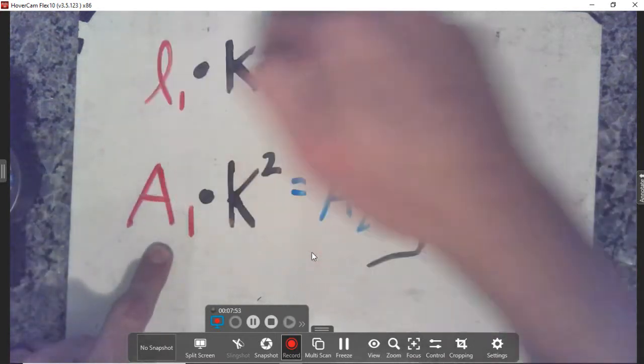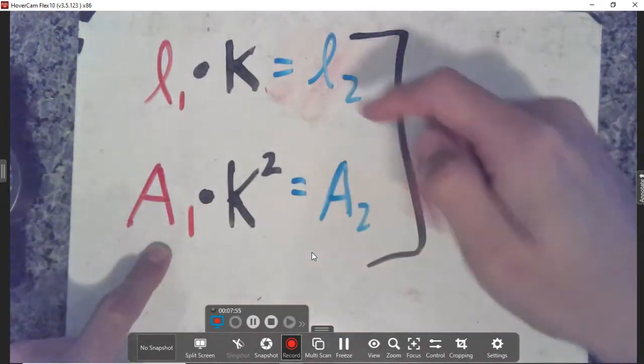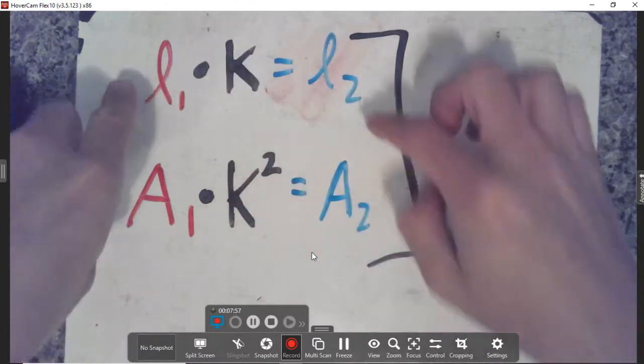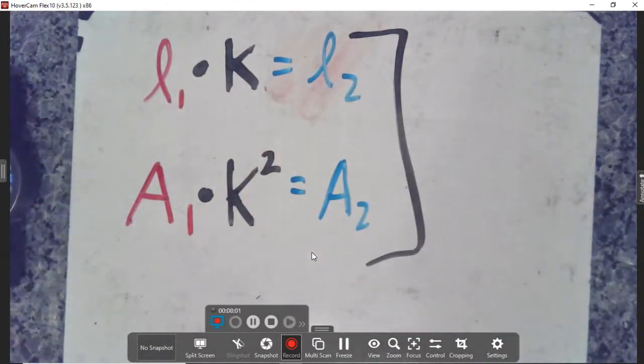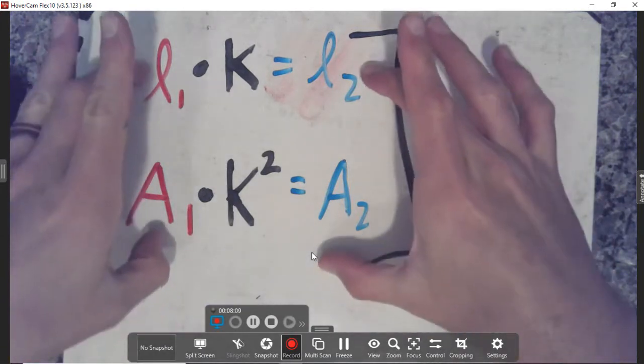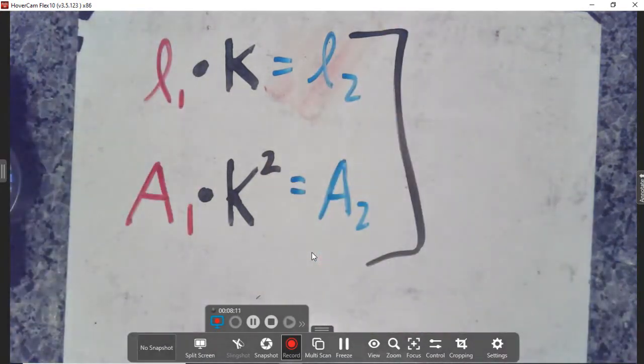So if you have 3 out of these 4, and a scale factor, you can find that last one that you're missing. Or better yet, you could find the scale factor if you had all 4 of these. So if you have enough working parts to solve the equation, that's where this comes in handy.